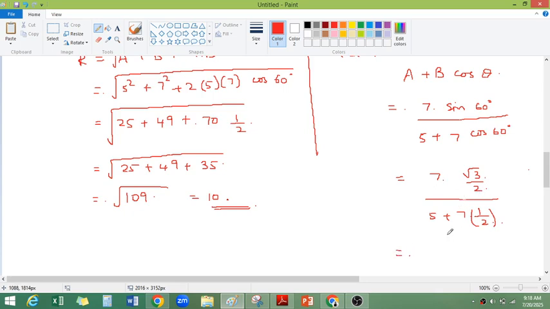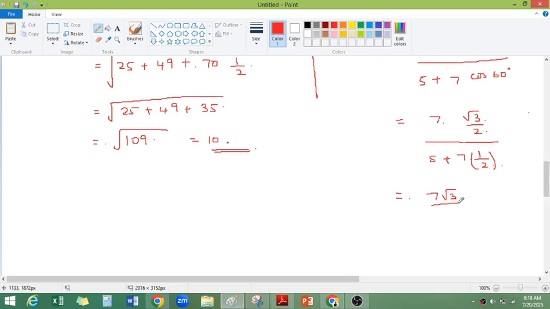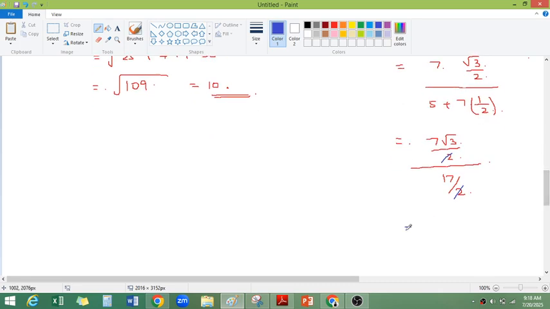So the numerator will be 7 root 3 by 2, and the denominator, 10 comes here, so 10 plus 7, 17 by 2. So I will be getting 7 root 3 divided by 17. That's your tan alpha.